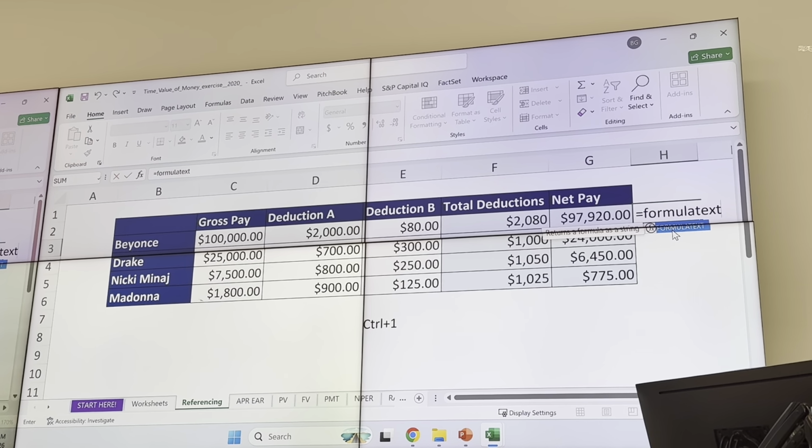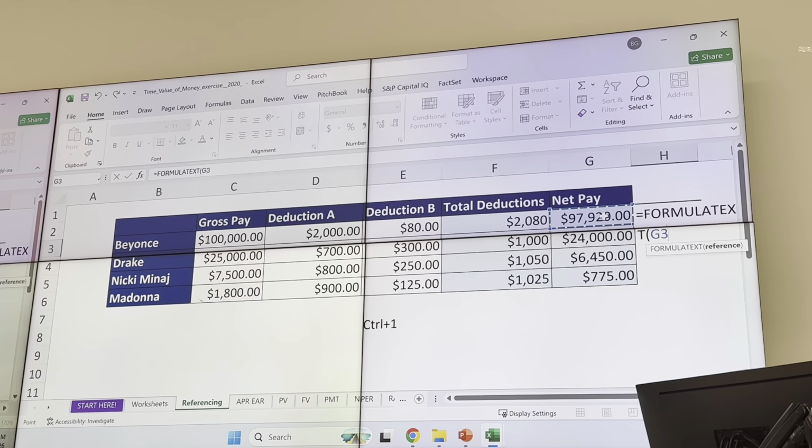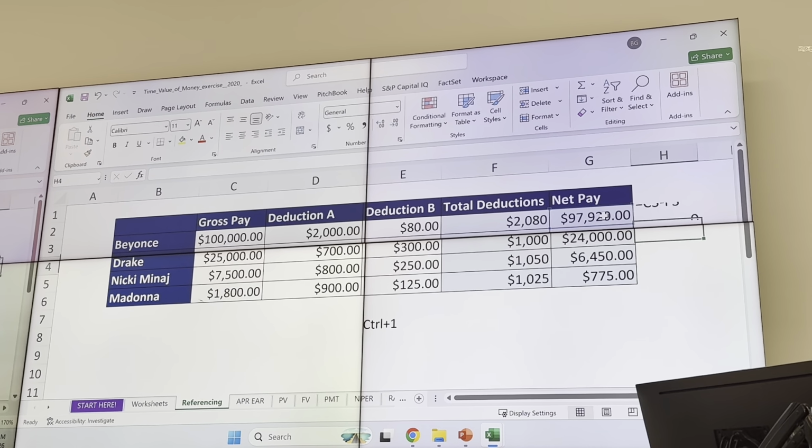Excel has a lot of functions: statistical function, engineering function, different trigonometry function. So this is one of the functions called formula text. You click on it and you select the cell, close the bracket. Now you can see the function.